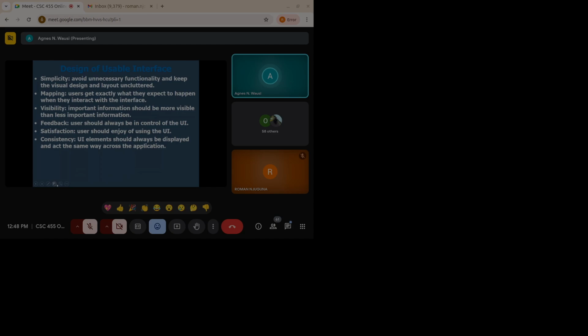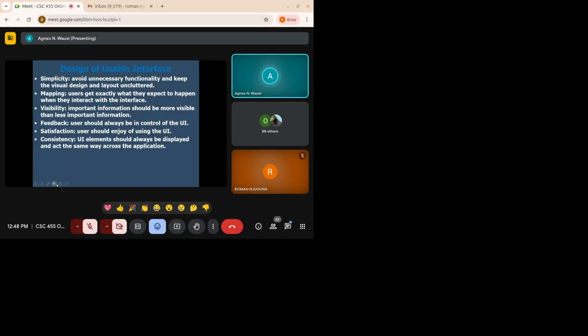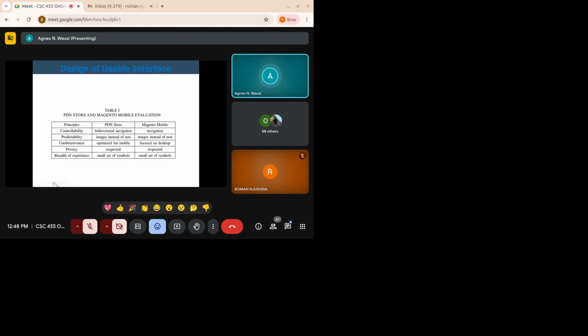So consistency of the way the words and the elements and the buttons are labeled across the application is very important. And then finally, we see that in that paper, they actually try to compare the two different stores that are there. This is just some of the principles that they have looked at, and they compare with those two and see how well some of the issues have been taken care of.